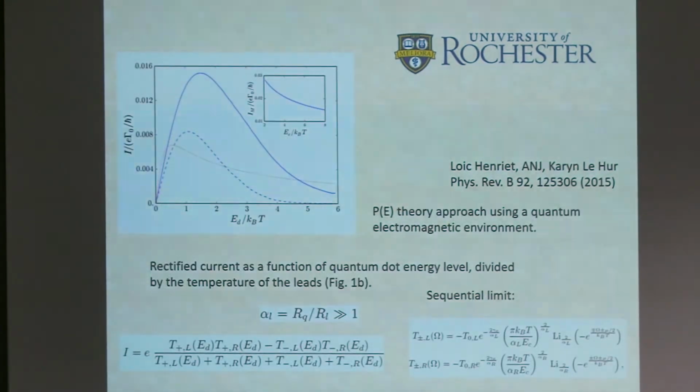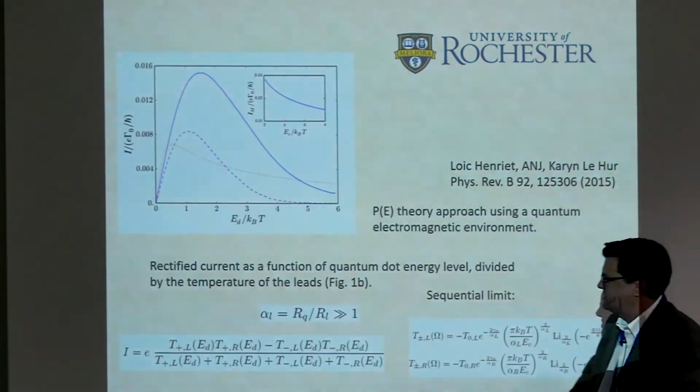And what you can do, this is just the result, you can calculate, for example, the current that you get as a function of the position of the dot level relative to the temperature, and you see that you have these nice curves, and what you want to do to maximize your current is optimize the sweet spot of my energy to my temperature, and that's going to be able to take the most from the environment that is allowed. Okay? And the equations are also nice. They're reminiscent of the equations I showed you just a little while ago.